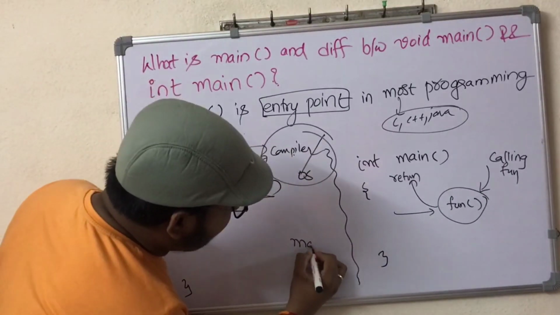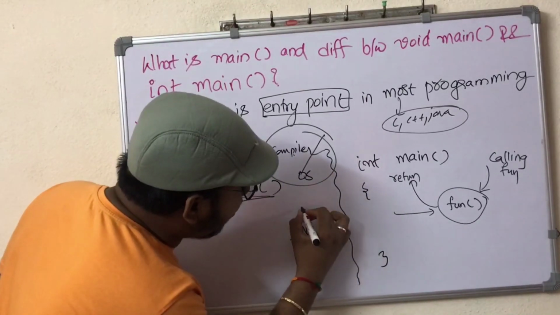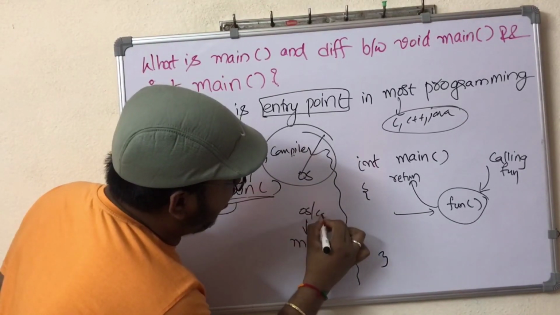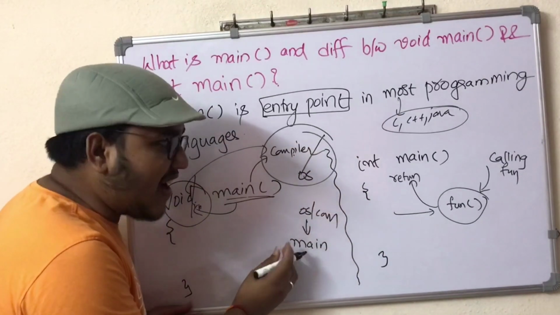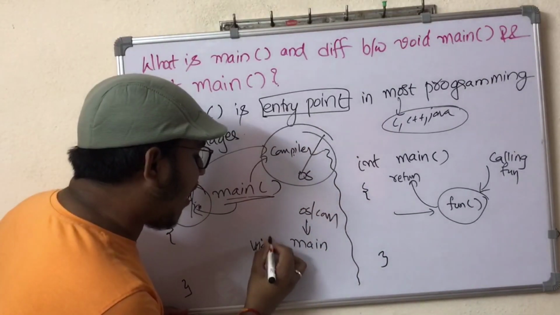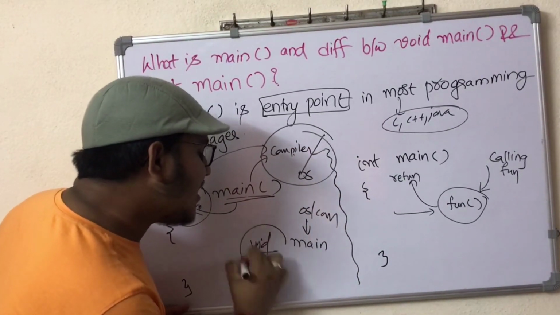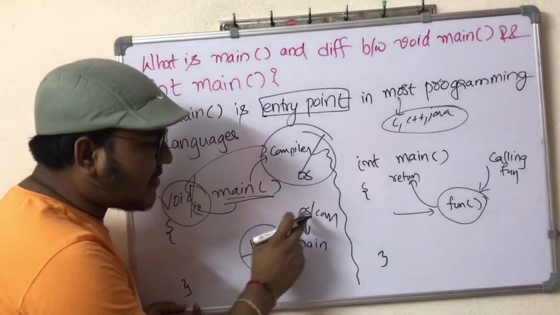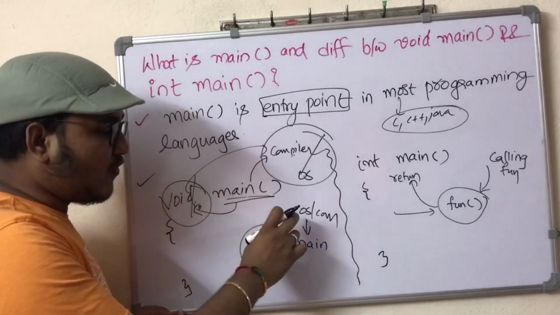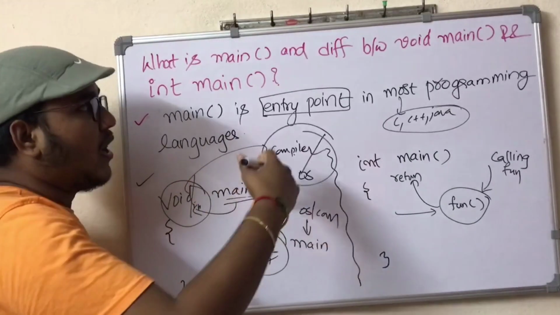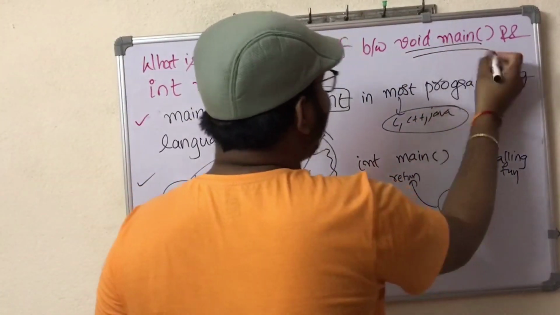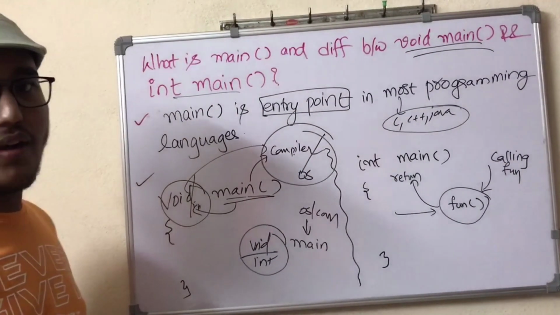So the main function is called by the operating system or compiler, and the main function will return int or void. These two are the return types, and this is the calling function. We should know about these two while talking about the difference between void main and int main.